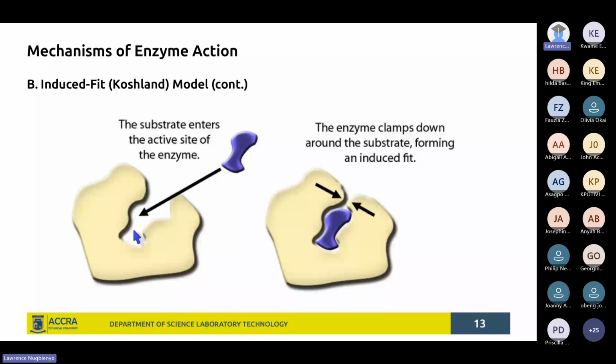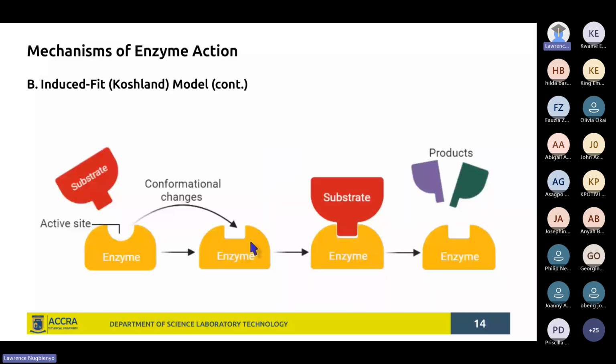But the moment the substrate gets into the active site, you see the enzyme clamps down on the substrate. So that is the change in conformation of the enzyme to fit to the substrate. We can see it much more clearly, step by step, what Koshland proposed as the induced-fit model.